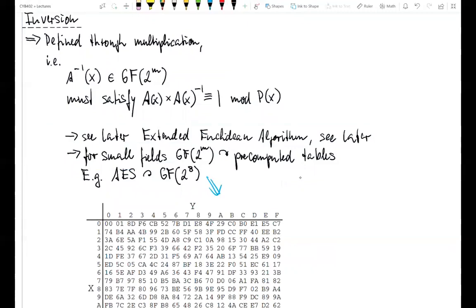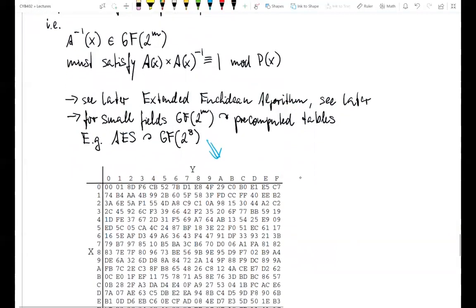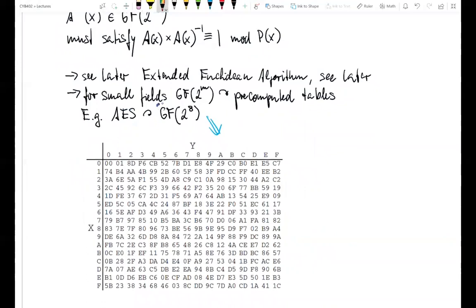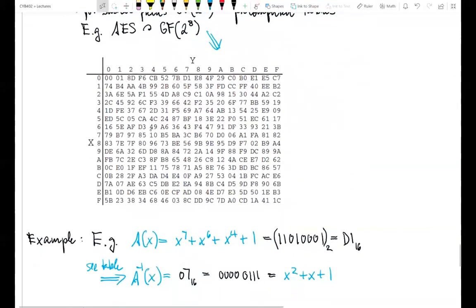For instance, the table for Galois field 2 to the 8 is given in the book, and it makes it really easy, for any element of that field, to look up its inverse. So you need to go by this order here, okay? First X and then Y.